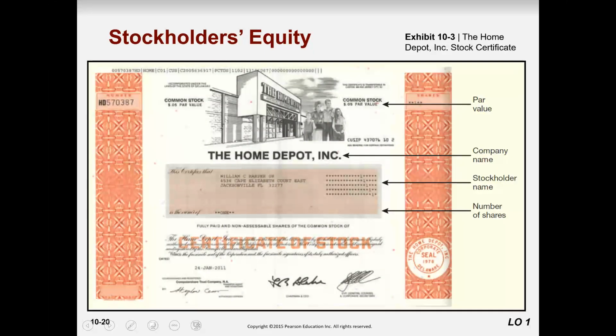All right, so this is the picture of a stock. You see, common stock $0.05 par value, which means the face value of this share is 0.05. This is the company name, this is the name of the shareholder, and the number of shares is here as well. But right now you cannot find one share.